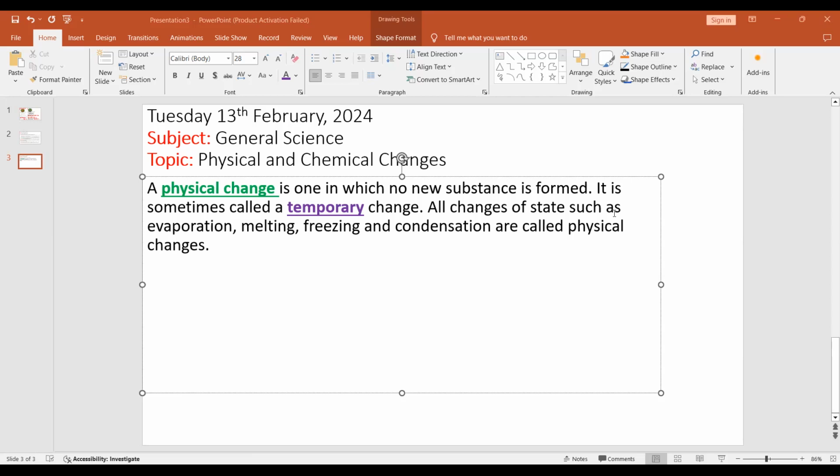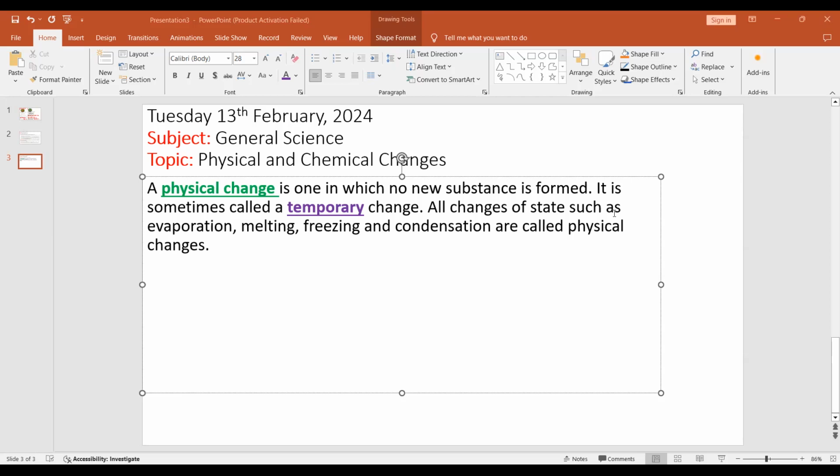It was water in the liquid form, and then it became water in the solid form. But is it still water? Yes, it's still water. So no new substance is formed. It was water as a liquid, and inside the fridge it's water as a solid.